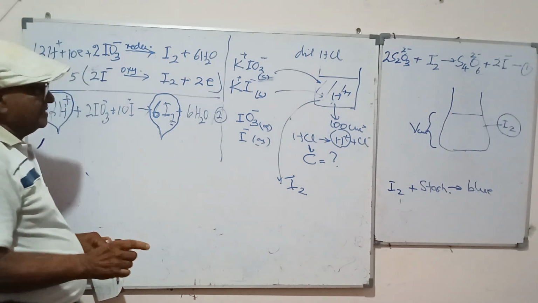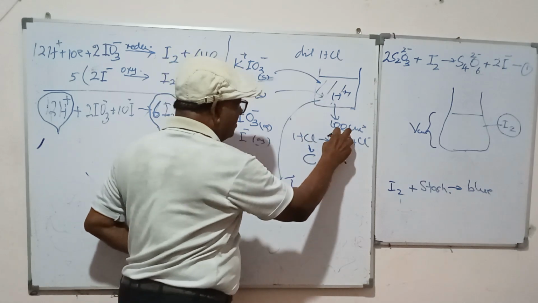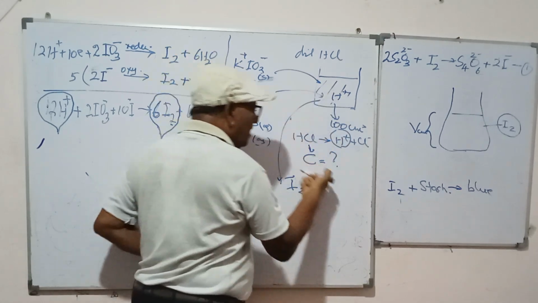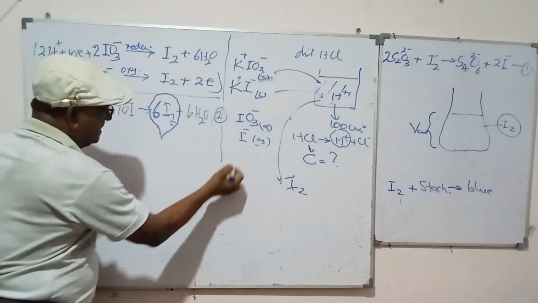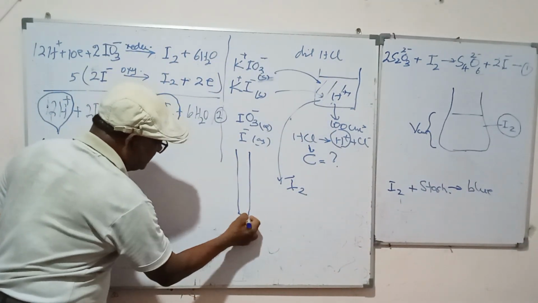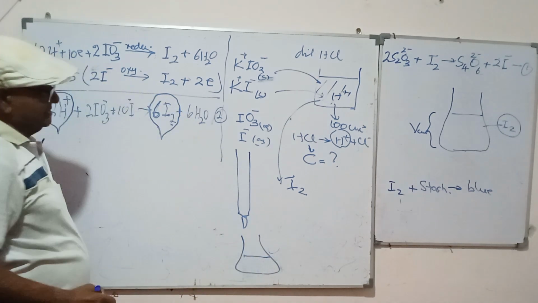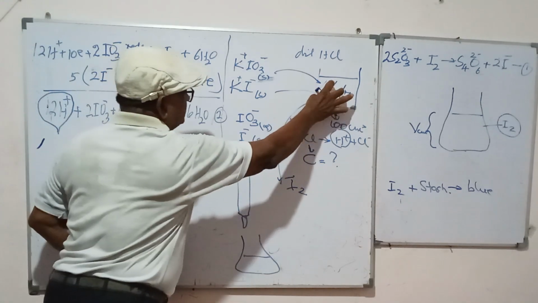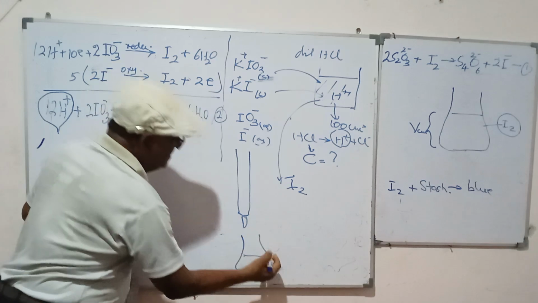Then what should be done? This solution, a 25 sample, we can titrate with sodium thiosulfate. The solution was taken from this mother solution.